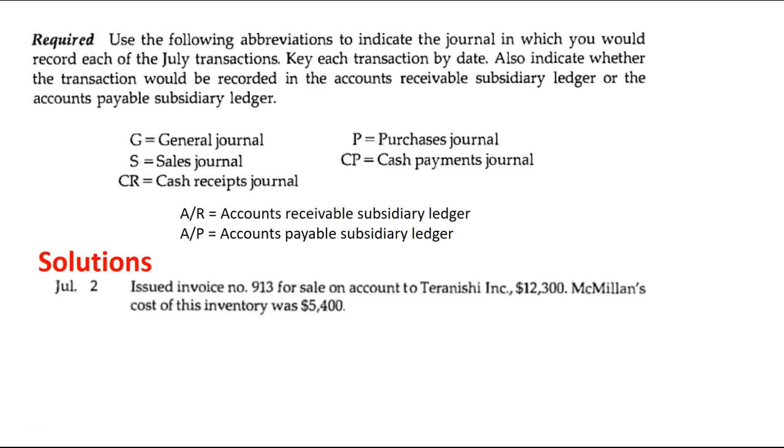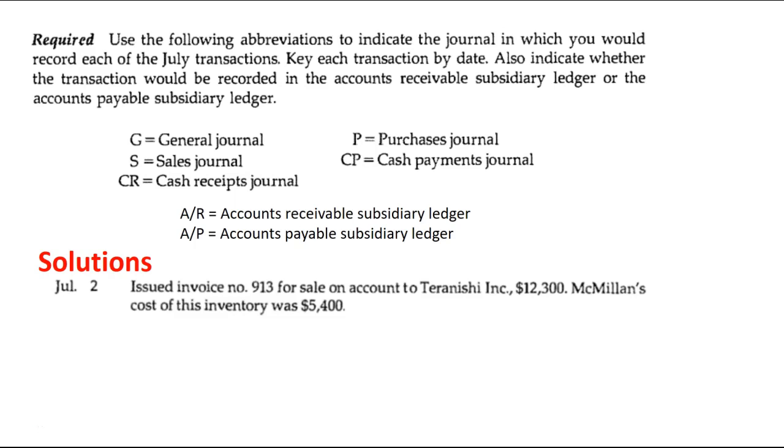So on July 2nd, they've issued invoice number 913 for a sale on account to Taranashi Incorporated for $12,300. And Macmillan's cost of this inventory was $5,400. So our concern right now is less about the accounting entries and more about which journal we need to deal with for this particular client.